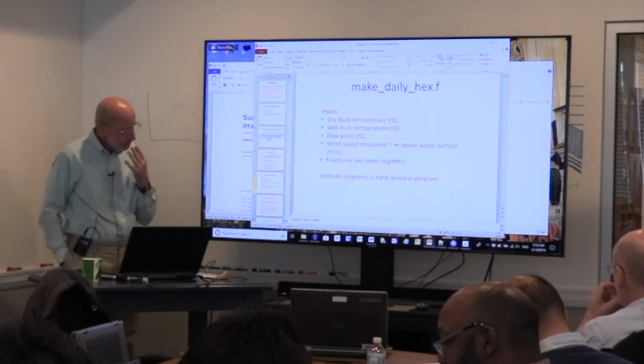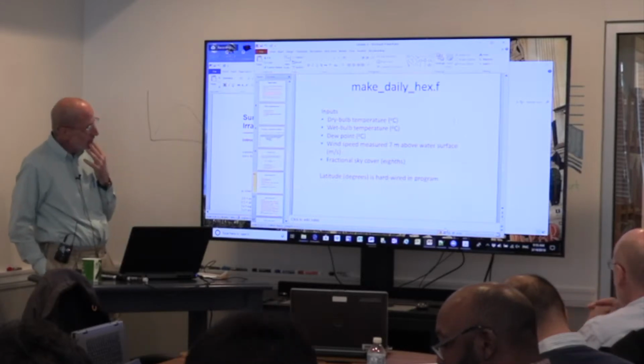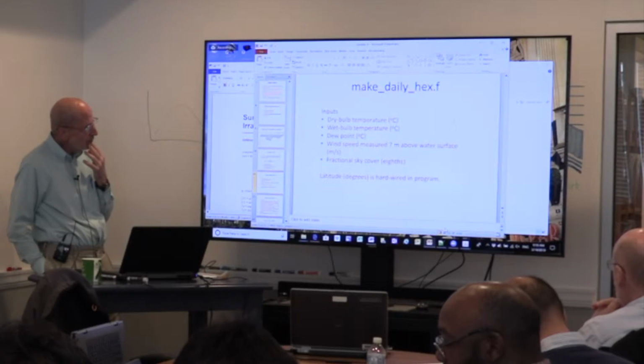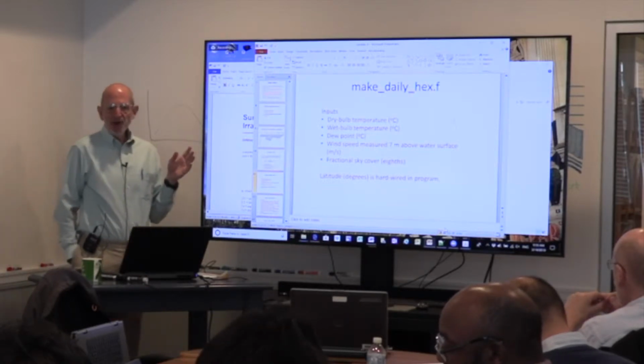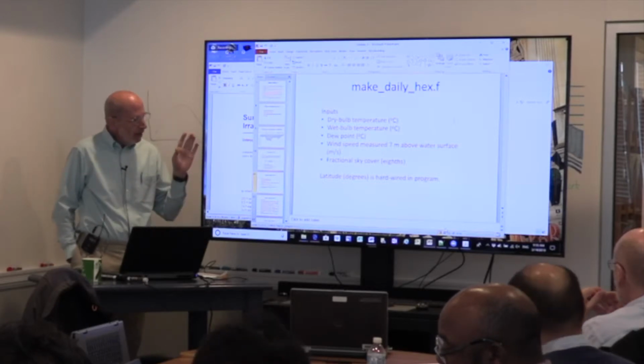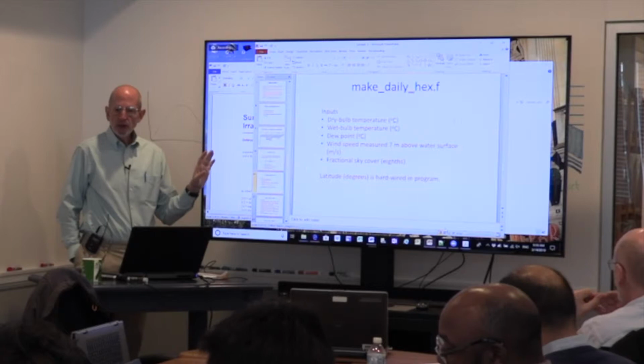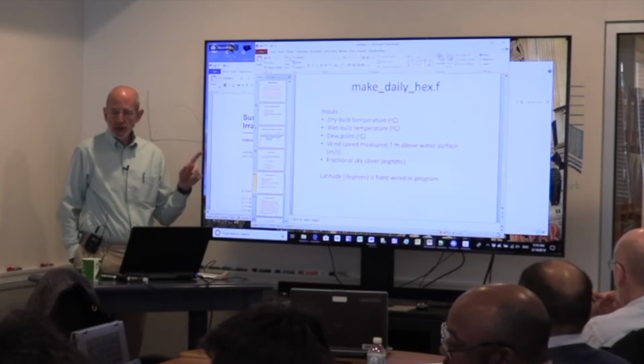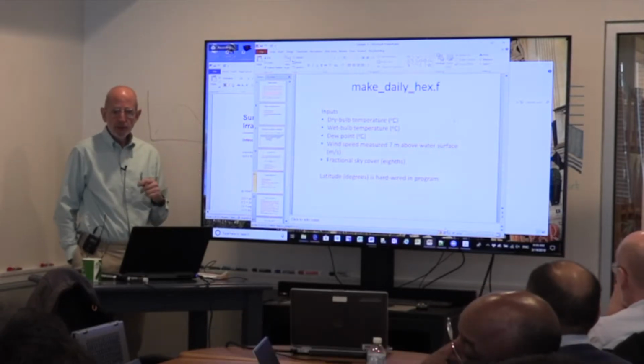Wind speed, I'm surprised. That says 7 meters above the water surface. I thought it was 10, frankly. I either made a typo or my memory isn't as good as it used to be. That's how we're going to compute evaporation and heat transfer: wind speed measured at an appropriate height.